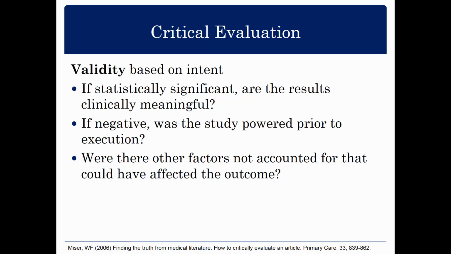And then were there other factors not accounted for that could have affected the outcome, which gets to your statement about limitations. What if they measured it but didn't report it or adjust for it, or what if they just didn't have access to it? So again, all of the different ways to critically evaluate an article.